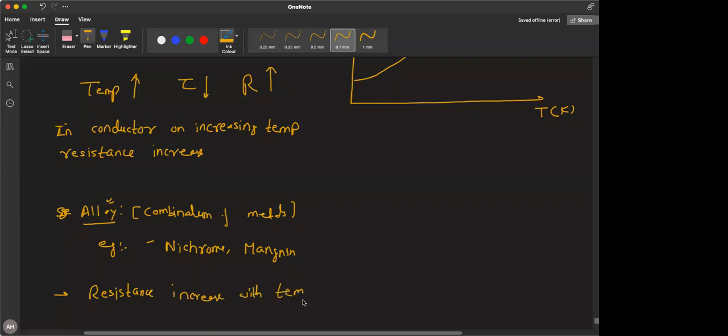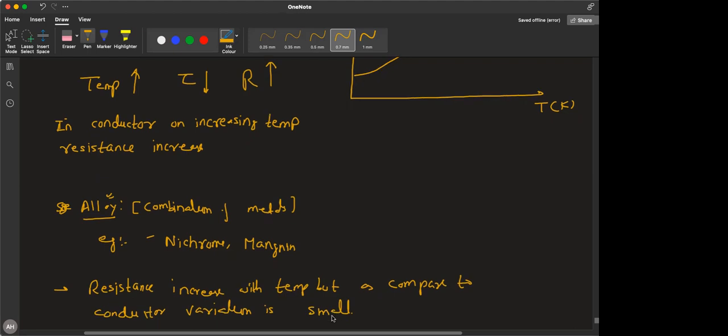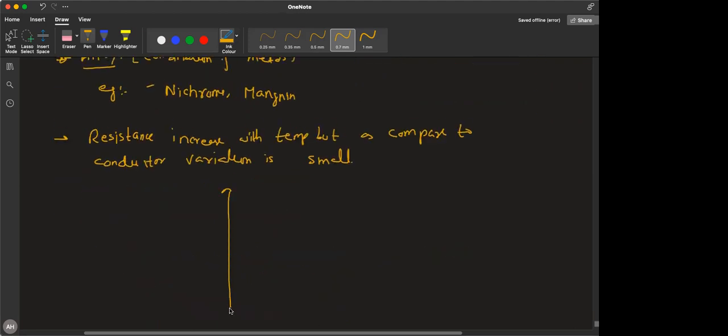But as compared to conductors, the variation is small. If I plot this temperature versus resistance graph, then for an alloy, it will be like this.